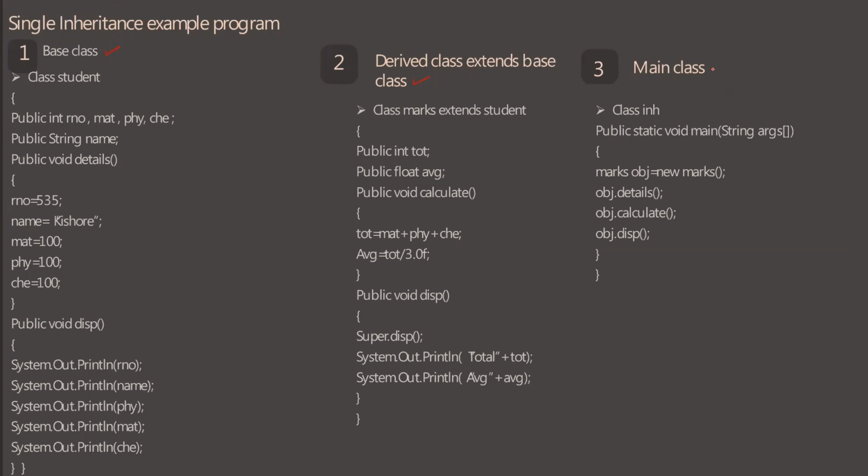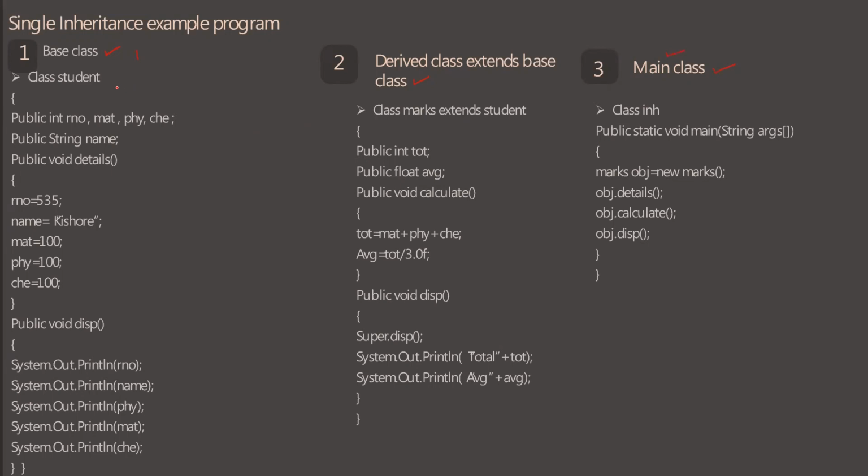And in the third point, I've created your main class. So this is all about your single inheritance. Just see here. In single inheritance, you are going to have only one base class and only one derived class, and you have a main class where you're going to create the objects to access the properties of your base and derived class.